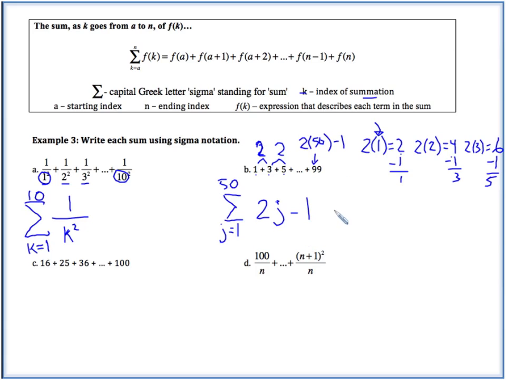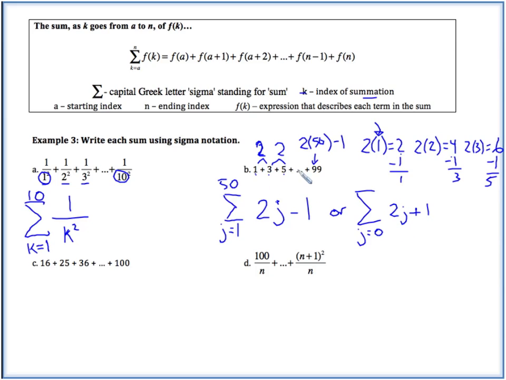Now there are multiple answers that we could put here. Let's say that j started at 0. How would that change our function? Well, we are still going up by 2 every time, so that would give us some sort of 2j. But if we plug 0 in for j, that would give me 0 to start off with, and I want to start off with 1. So in this case, I would have to add 1.